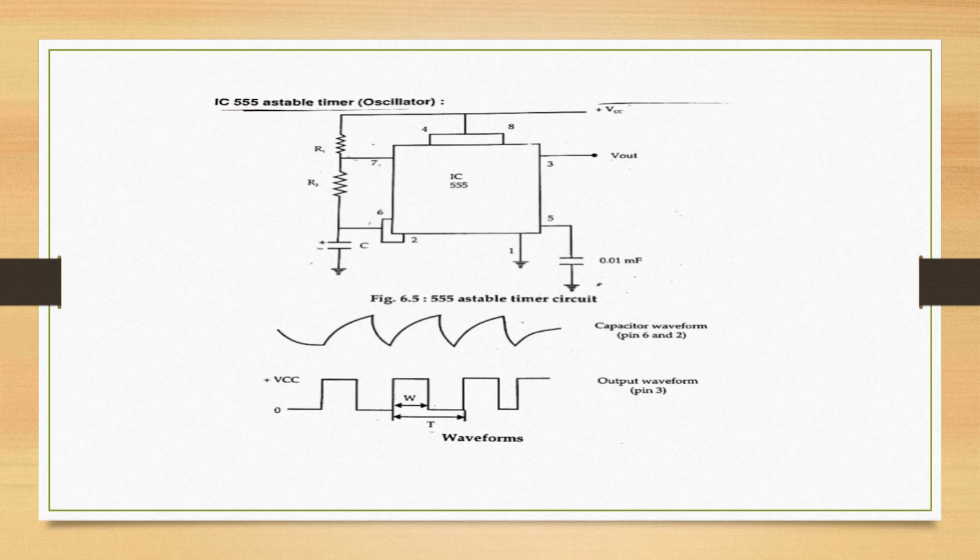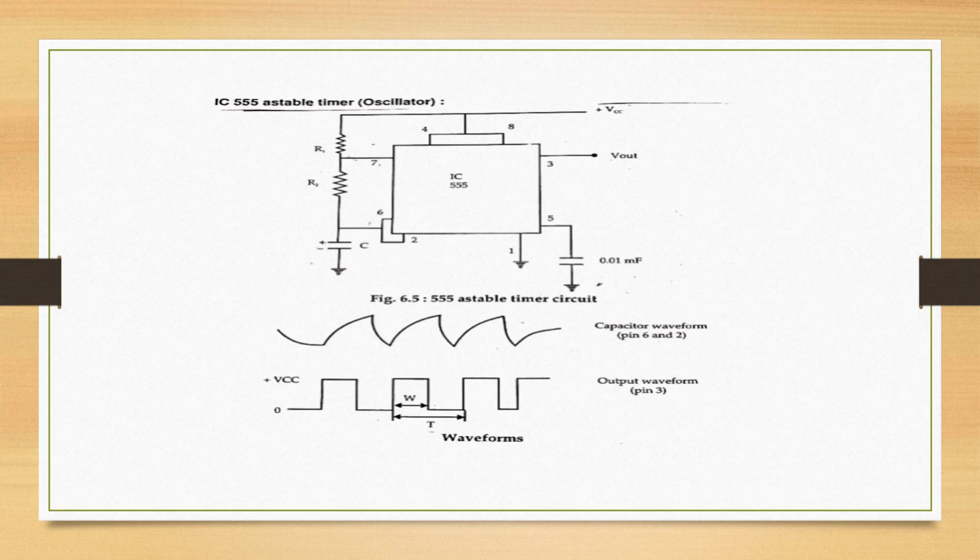Pin number 7 is connected in between the 2 resistors. Pin number 1 is normally connected to the ground potential and 5 is used for control voltage. Pin number 3 is the output point, so we can collect the output across pin number 3.